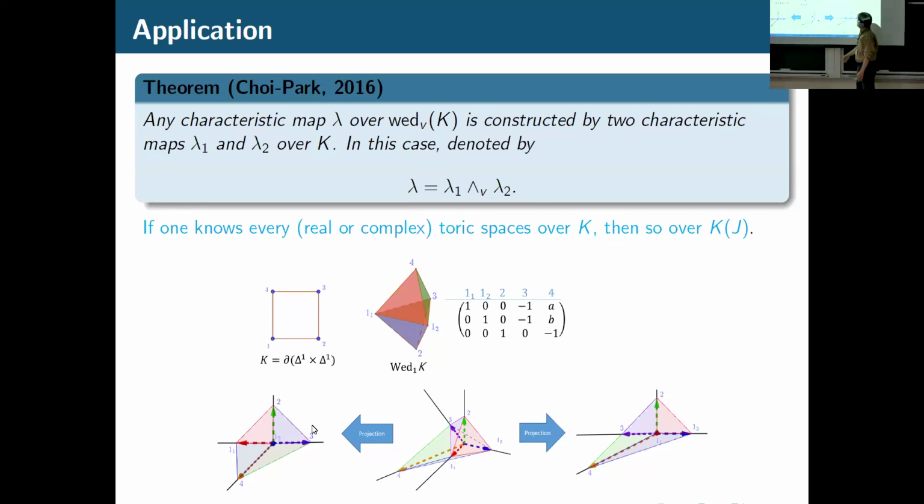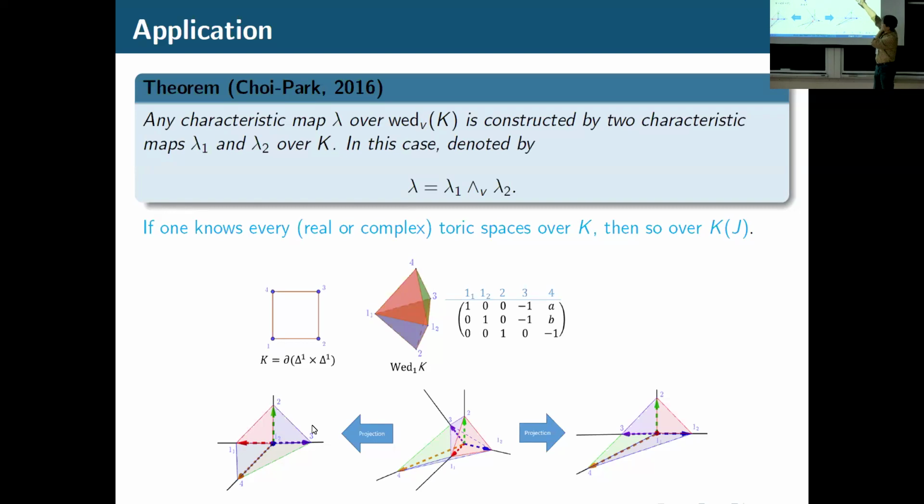Then let's consider a characteristic map over this. If you consider the link of this new vertex, you obtain a square, and the link of the other vertex is another square as well. But those squares are isomorphic to the original K. So if you have a characteristic map over the wedge of K, then you also have two characteristic maps over K, right? So this is the general theory.